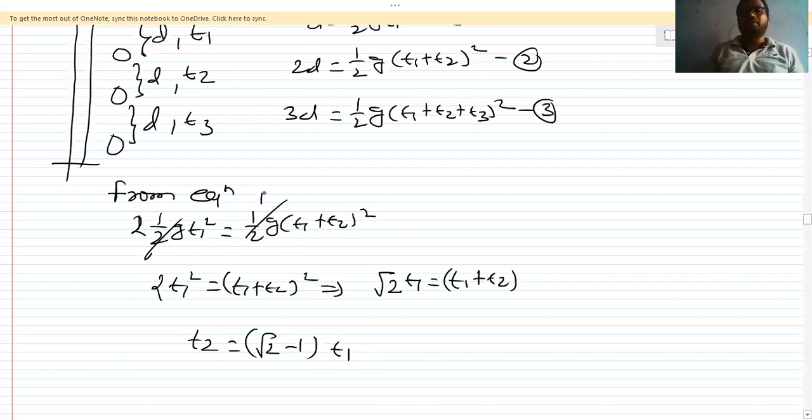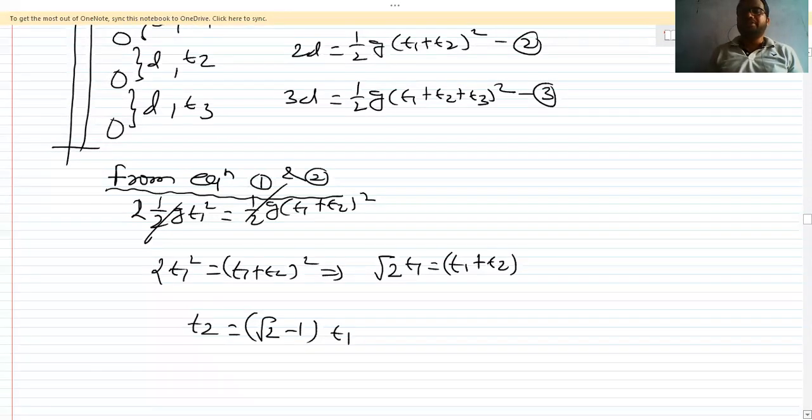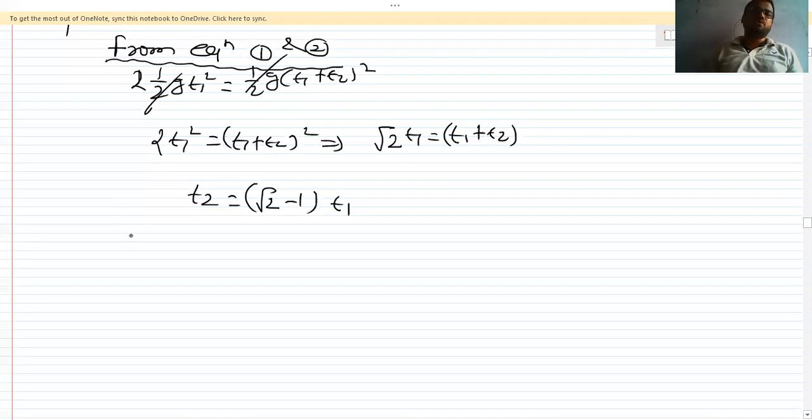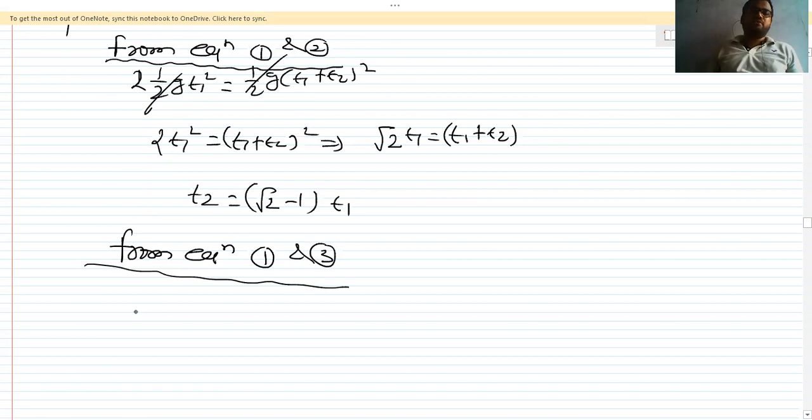Likewise, this is from equation 1 and 2. Now, if you calculate from equation 1 and 3, then you will get 3 times half g t1 squared is equal to half g (t1 plus t2 plus t3) whole squared.